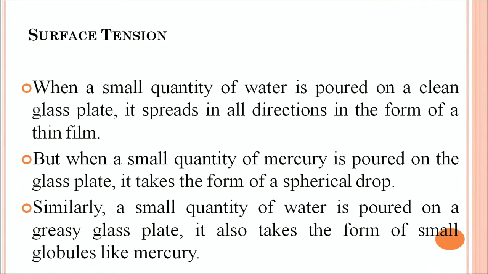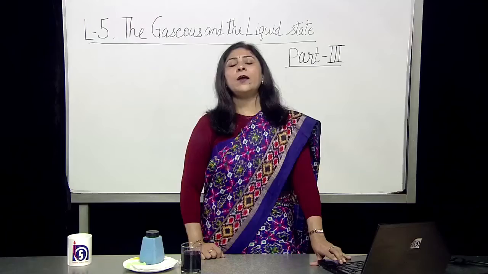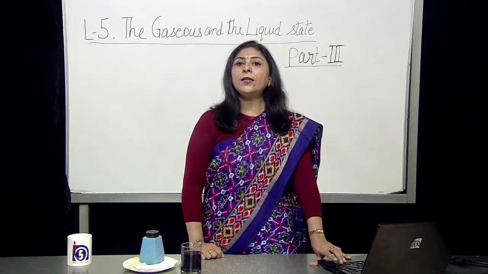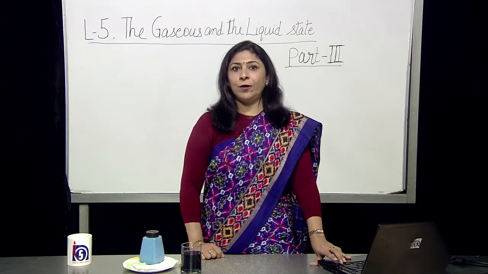You may say that you have not seen mercury, but you must have noticed that when a thermometer breaks, mercury comes out of it. And if you try to pick those mercury droplets, it's very difficult to take them out. Why? It is always in a spherical drop form. So, there is some difference between the arrangement of the water and the mercury.